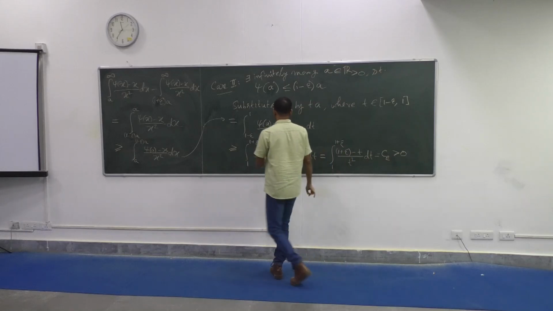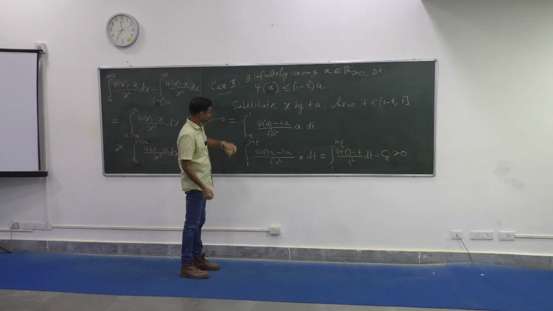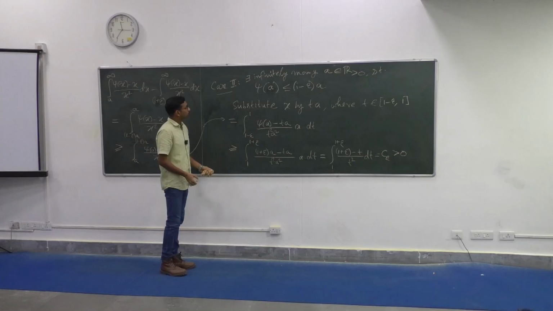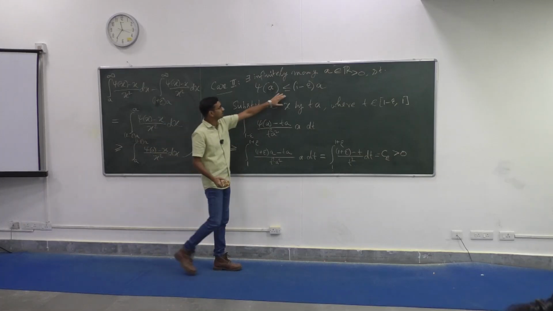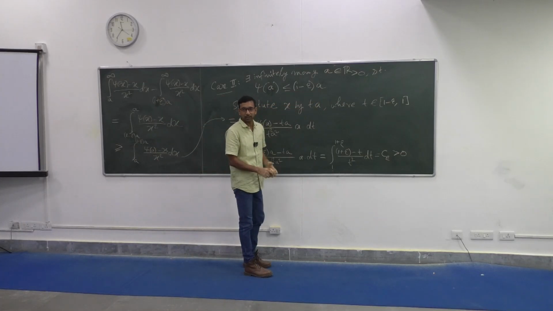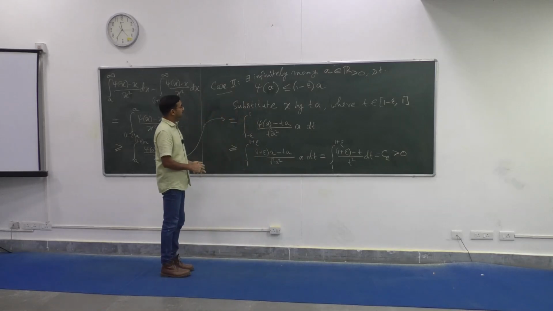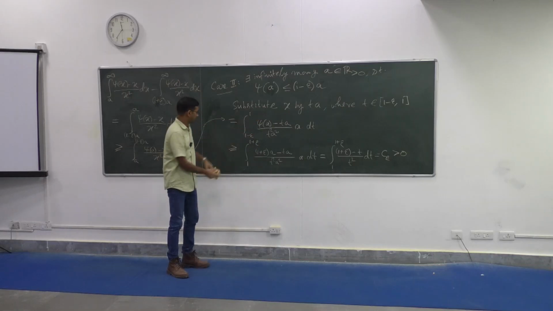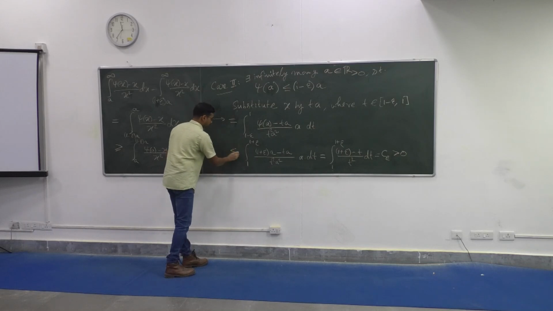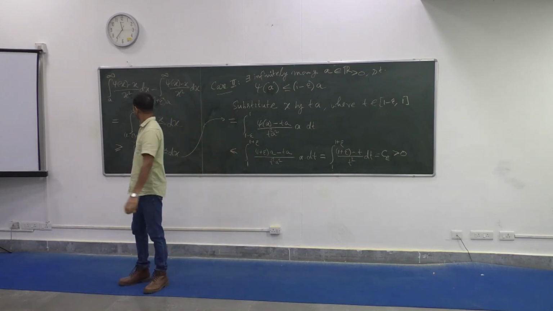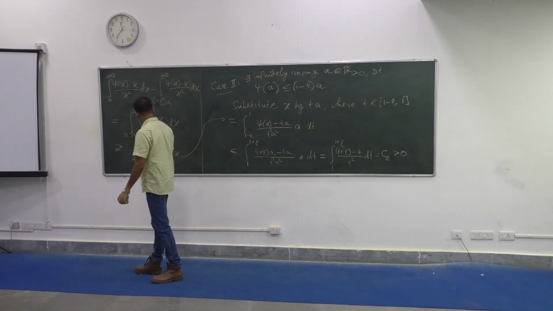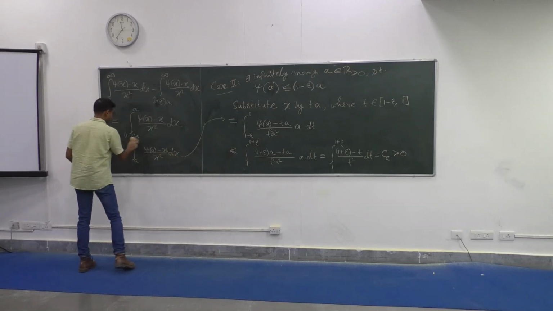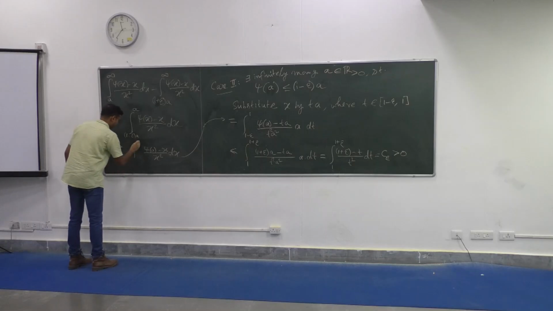Before we put anything here, now this is psi of a minus ta, and we will write that psi of a is less than or equal to 1 minus epsilon t. And again, since it's an increasing function, everything else in this range would have value less than psi of a. So if you just try that, it is I of 1 minus epsilon.